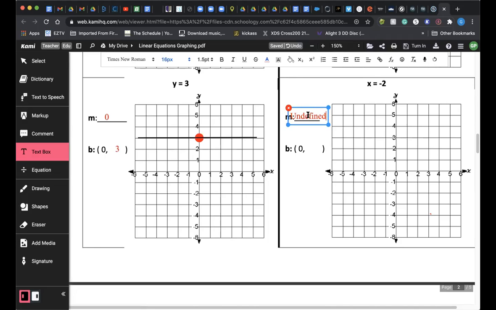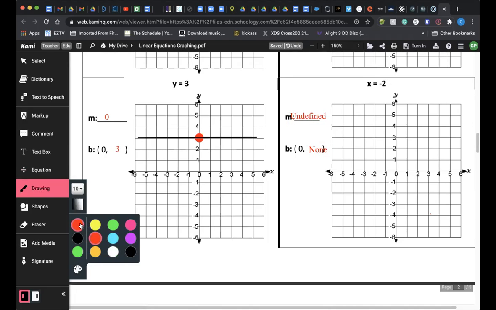In this situation, we do not have a b, right, at all. There's no b, and because there's no b, we have a vertical line, and it never interacts with the y-axis at all. So it says x is equal to -2.